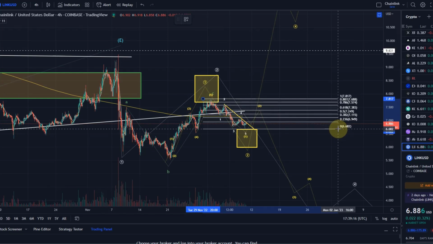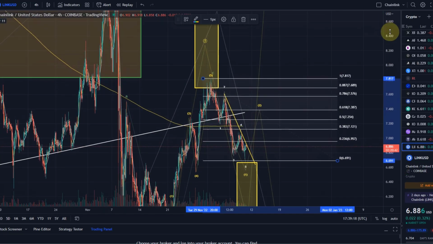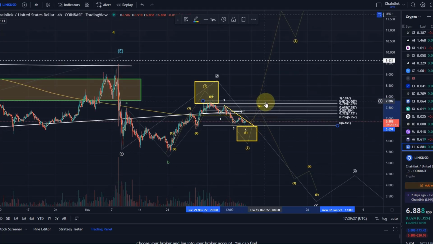We can, however, be a little more confident that we are in the bullish count if we break above the 78.6% retracement, above 757. That would be the first indication that the bearish count may not work out, but it's the bullish count. If we break above 781, it would indicate even stronger that the bullish count is working out.